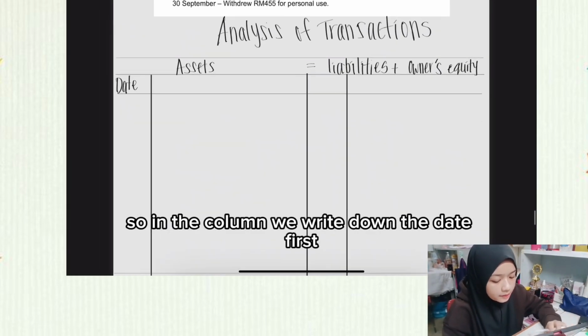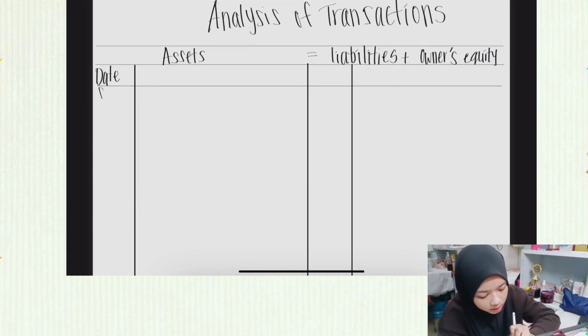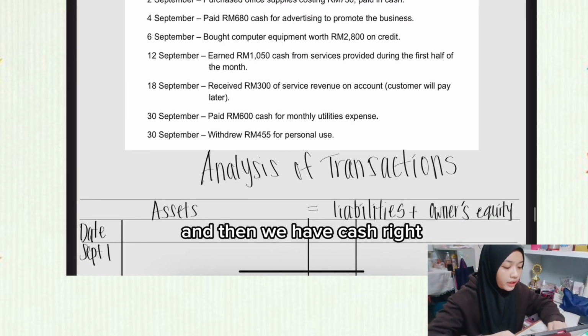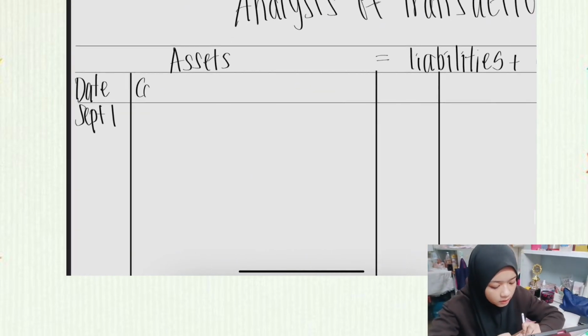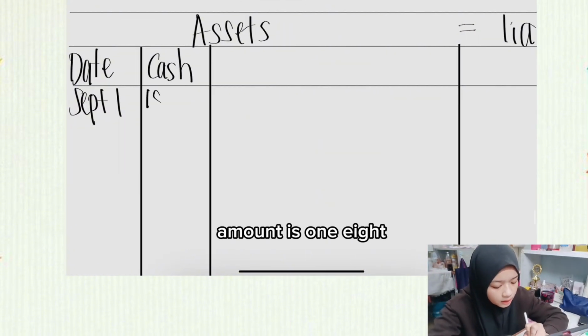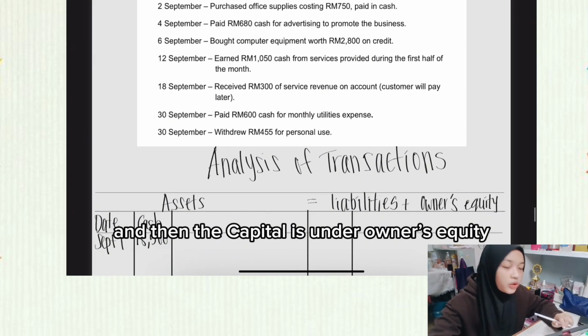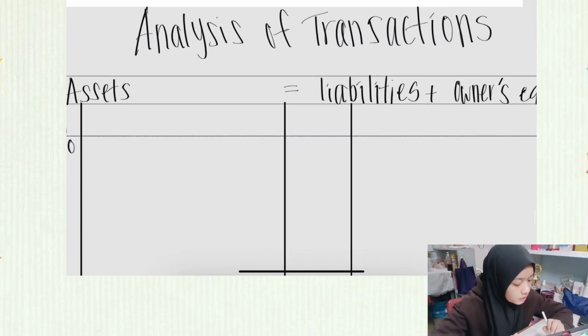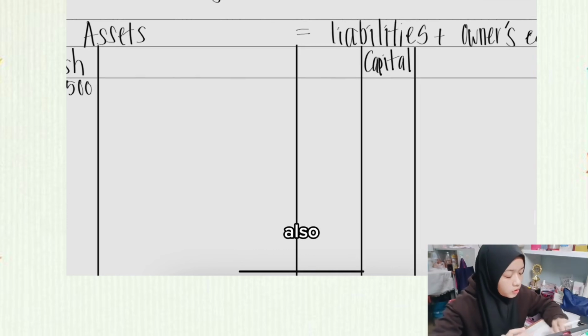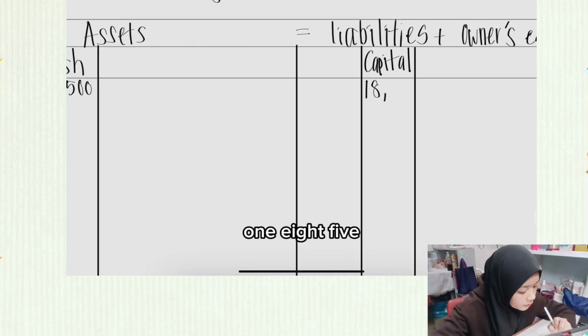So in the column, we write down the date first, September 1st, and then we have cash, right? So write down the cash. Amount is 80,500, and then the capital is under owner's equity. Also 80,500.